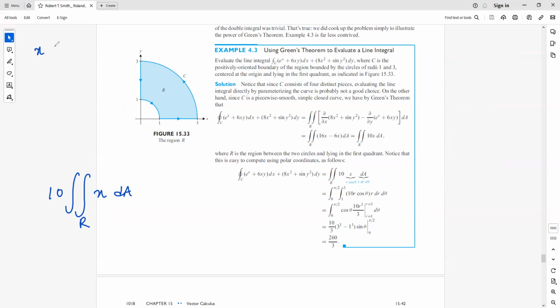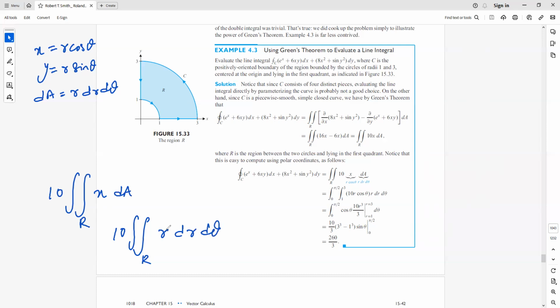Since it is a circular region, we can use polar coordinates. So x equals r cos theta, y equals r sine theta, which gives dA equals r dr d theta. So it becomes 10 times the integral over the region of r cos theta times r dr d theta.